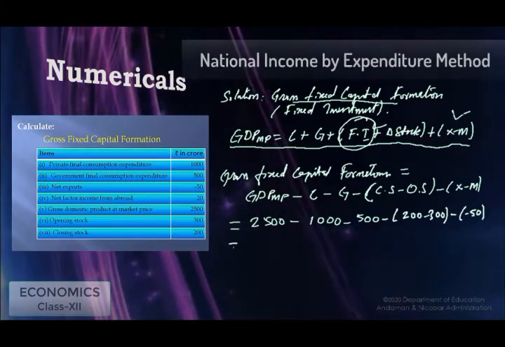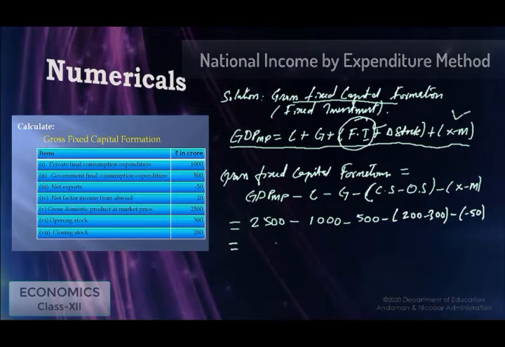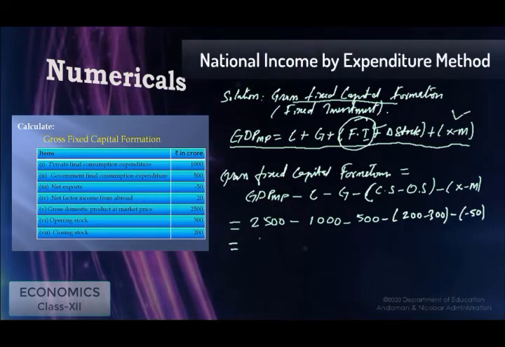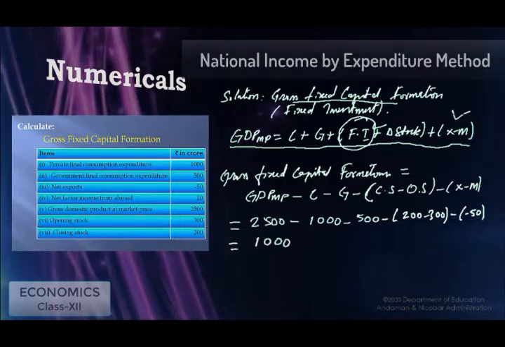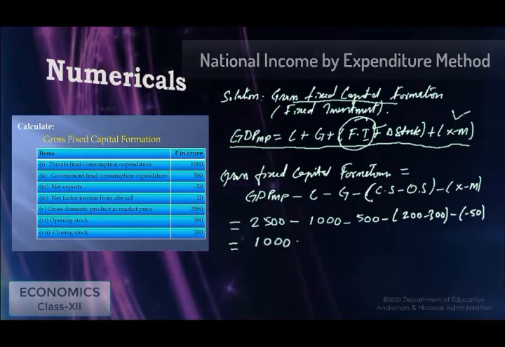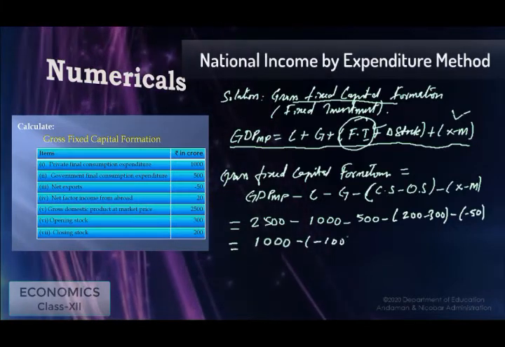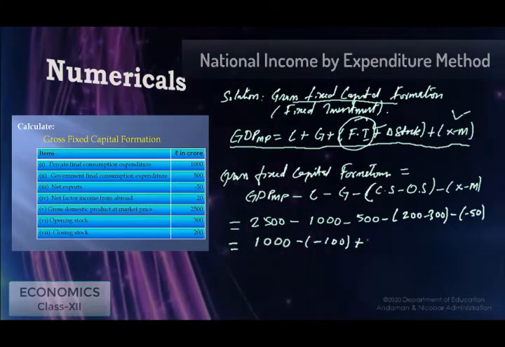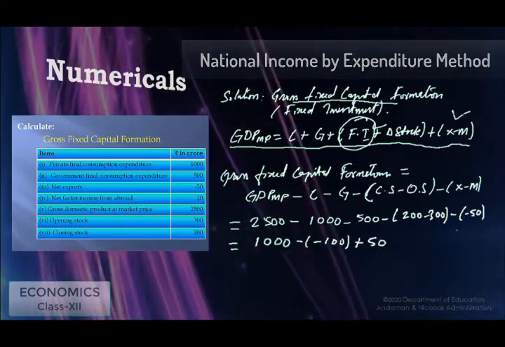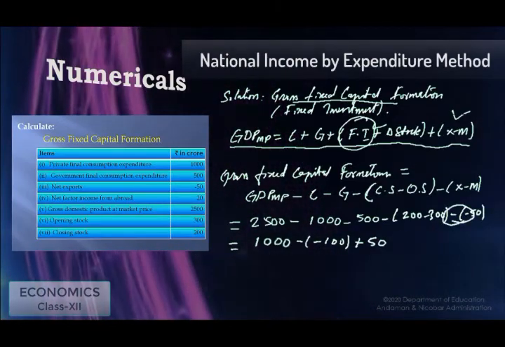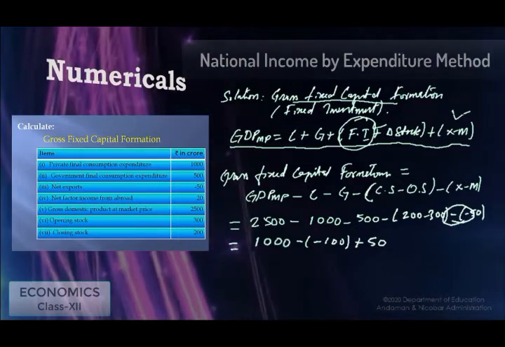By these values we get the equation as 1000 minus, that is change in stock, minus 100, that is plus 50. When we multiply these two negative values we get the plus value 50.